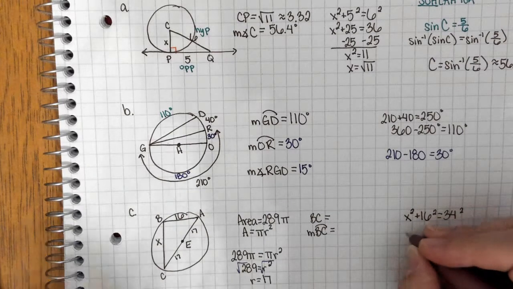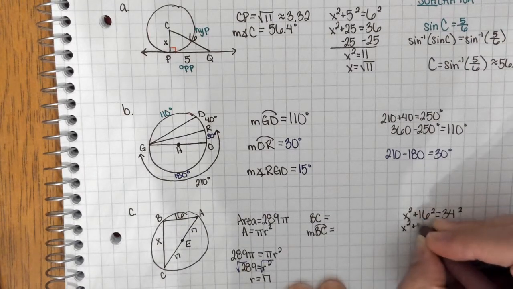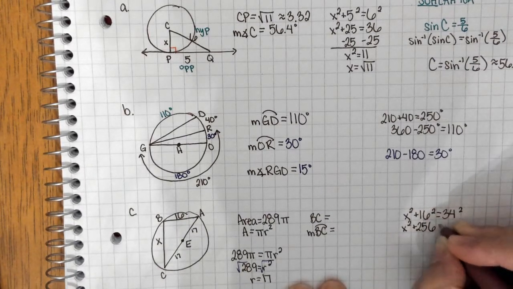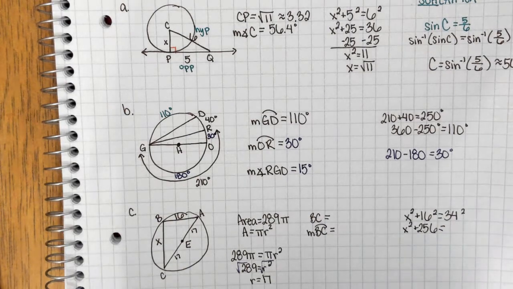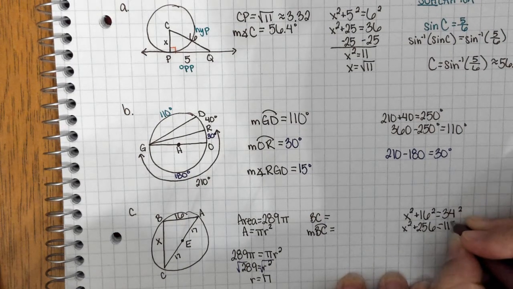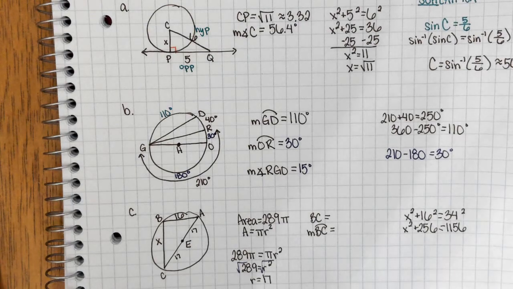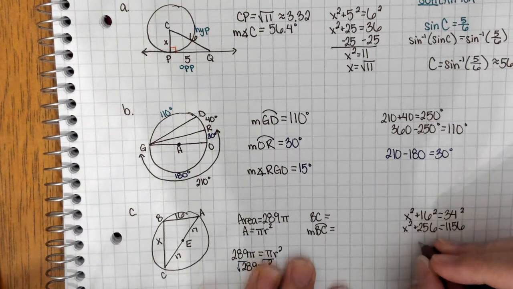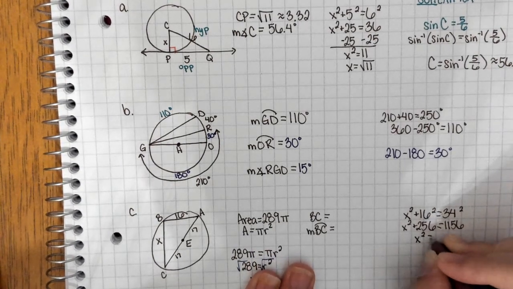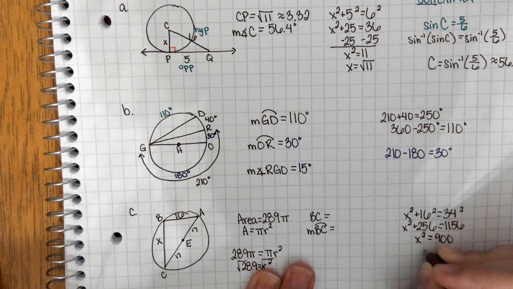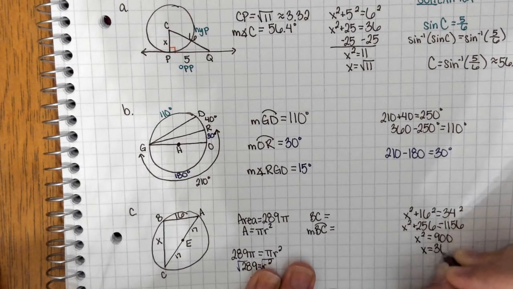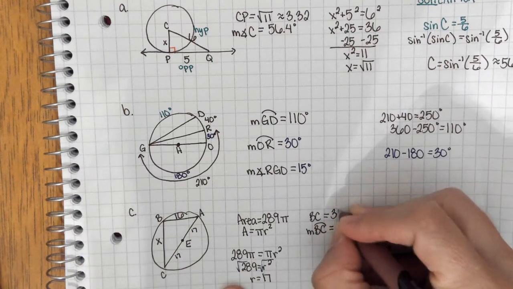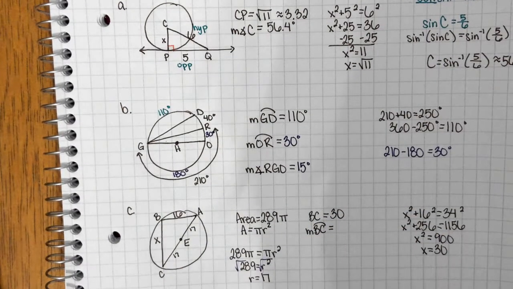So 16 squared is 256. 34 squared is 1156. So if I subtract 256 from both sides, I get x squared is 900, or x equals 30 when I square root both sides there. So BC is 30.